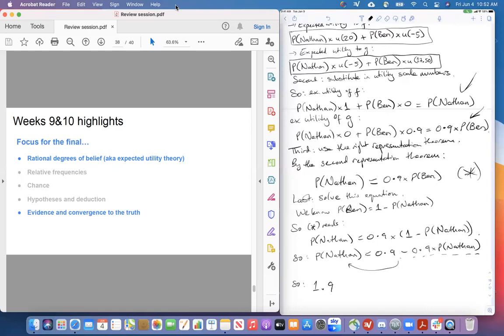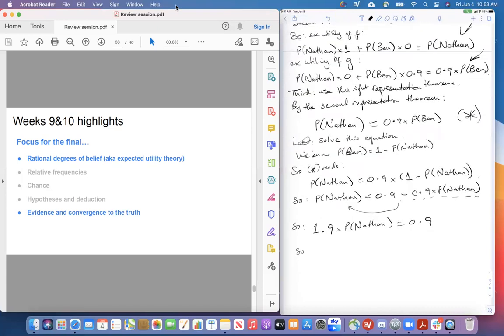So 1.9 times degree of belief in Nathan is 0.9. Finally, we divide by 1.9 to get my degree of belief in Nathan winning this match. We do that in a calculator, it's about 0.47.